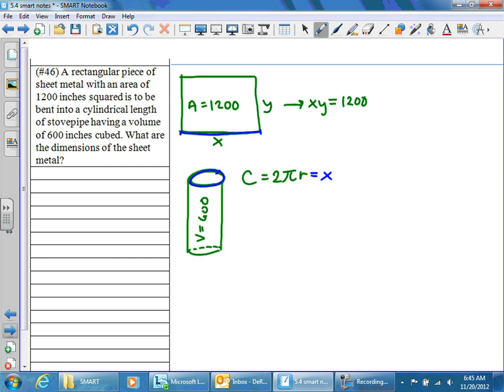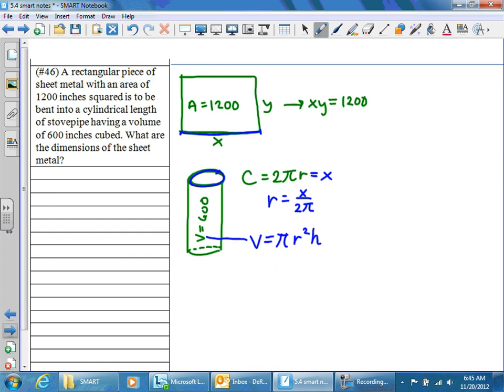So I could solve for r here. And I know that the radius is x divided by 2 pi. So the volume formula is pi r squared h for a cylinder.